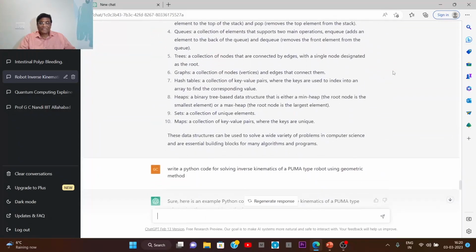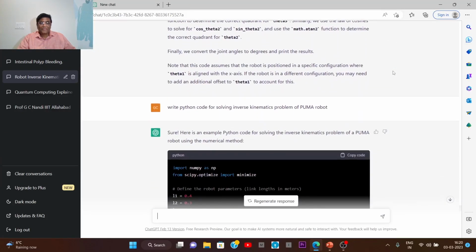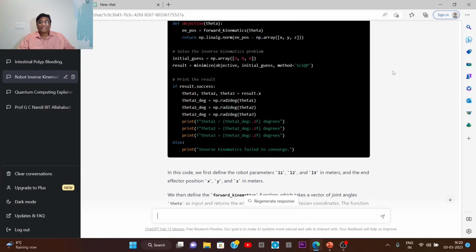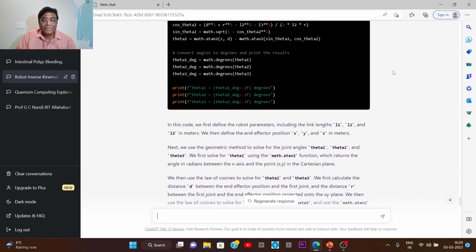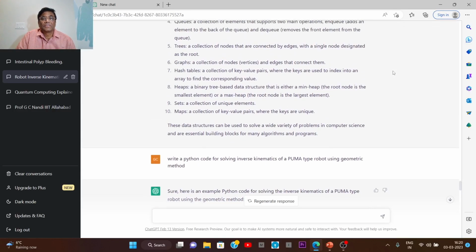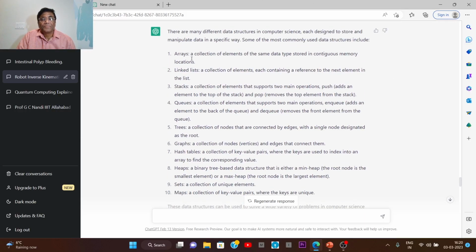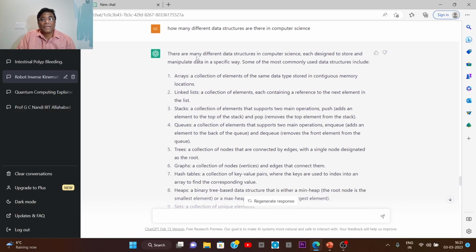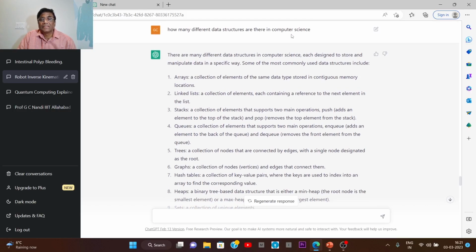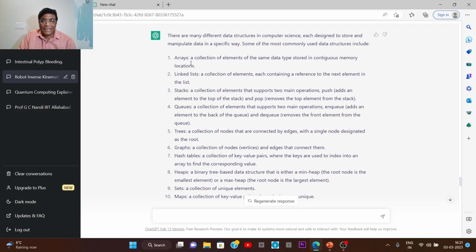Using ChatGPT, I was asking it what the different types of data structures are that we use, with which we can solve many problems. My query was, how many different data structures are there in computer science? It was very, very vague.